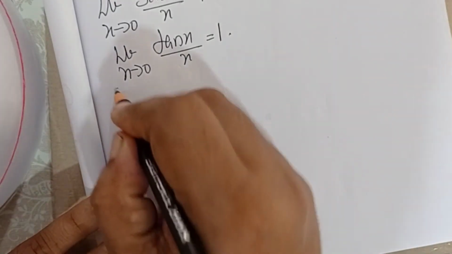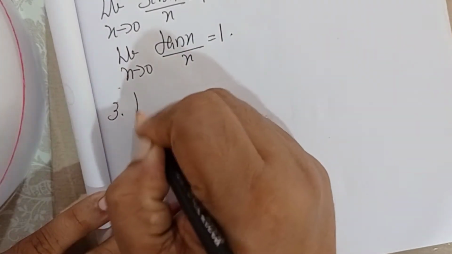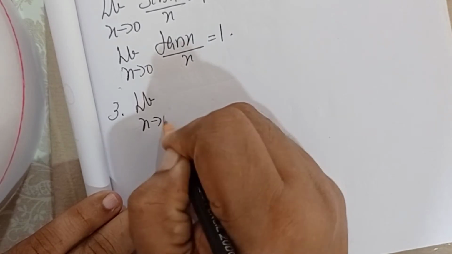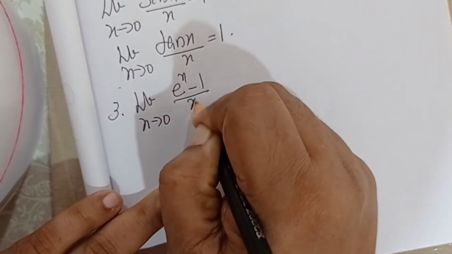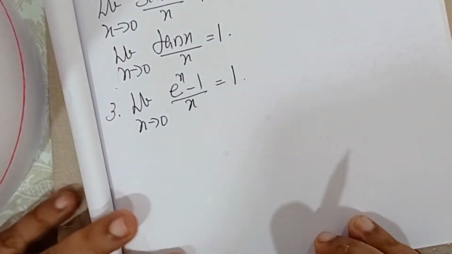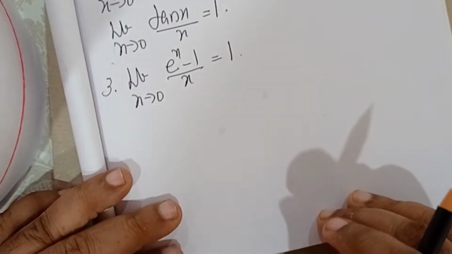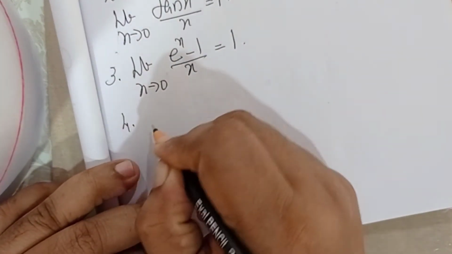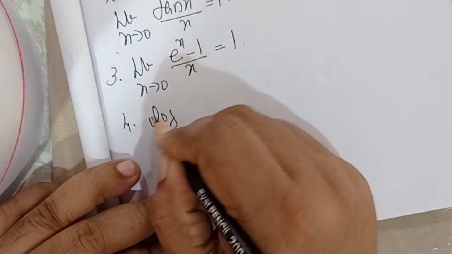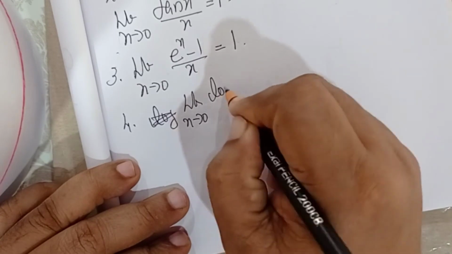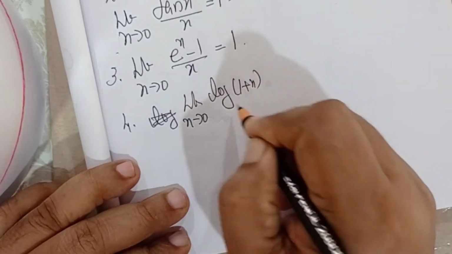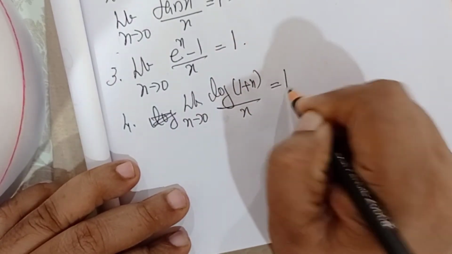Then the third one, limit x tends to 0, e raised to x minus 1 by x equals 1. Then the fourth one, limit x tends to 0, log(1 plus x) by x is also 1.